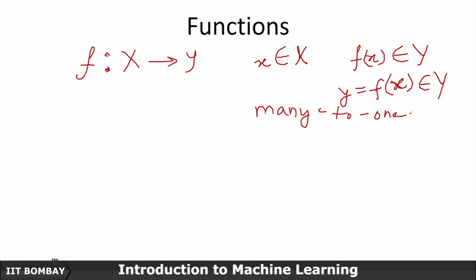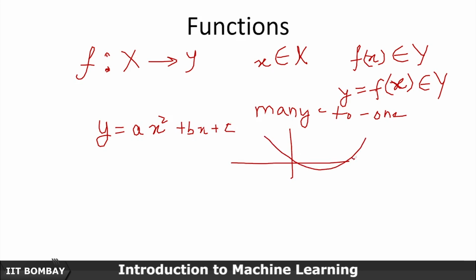If we have an expression like this, an example of a function would be y is equal to ax square plus bx plus c, which is the equation of a parabola. Let us say this is your x axis, this is your y axis. You can see that two x's can give you the same y, so it is a many to one mapping.